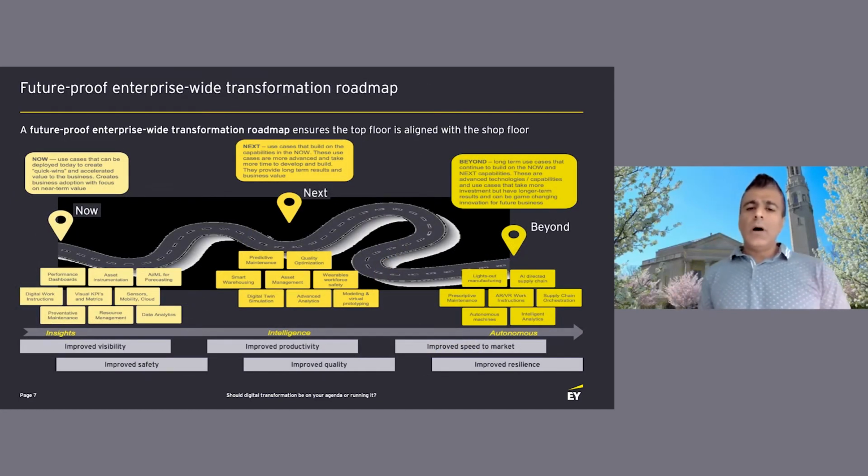As you take this future back approach, like I said, there are clear building blocks to how you define your strategy. We at EY tend to look at it as a journey from now to next and beyond.